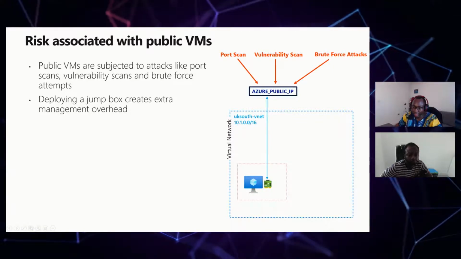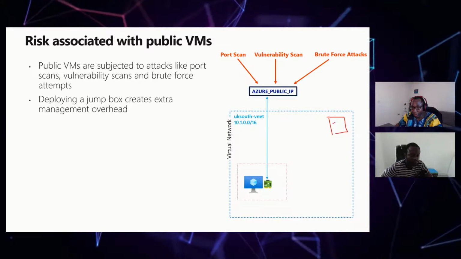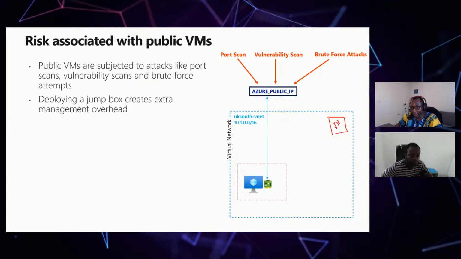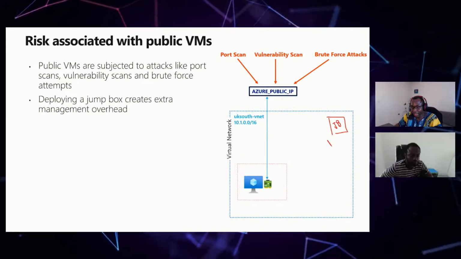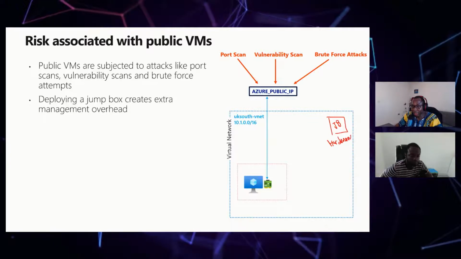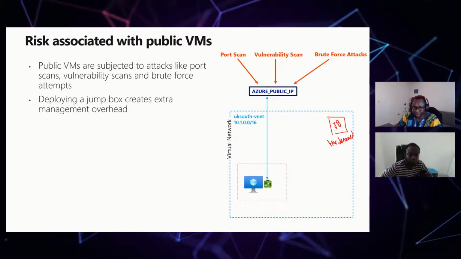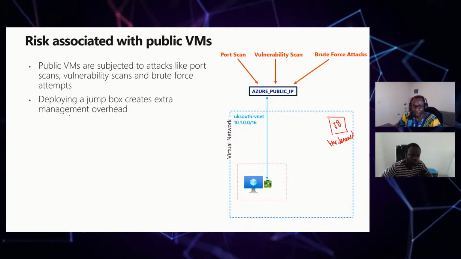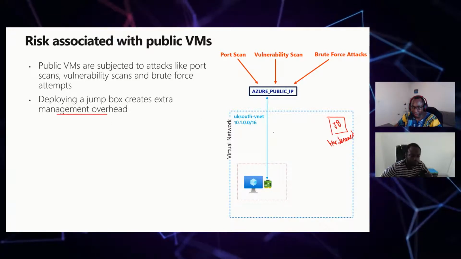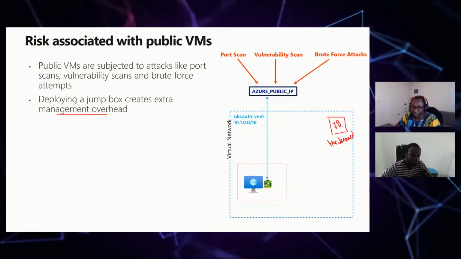You can create a separate subnet, put a jump box there, and make it a very hardened virtual machine. You can harden it, make sure it's fully patched all the time, and that security best practices are implemented on it. However, that creates management overhead, because now you have to manage this jump box going forward, and that can be a pain to manage.